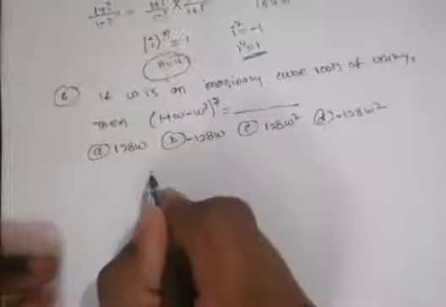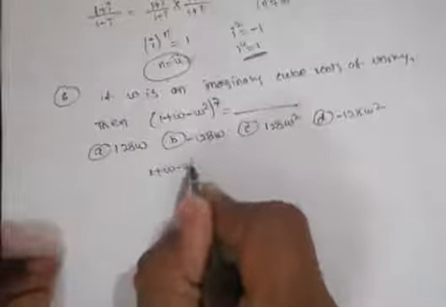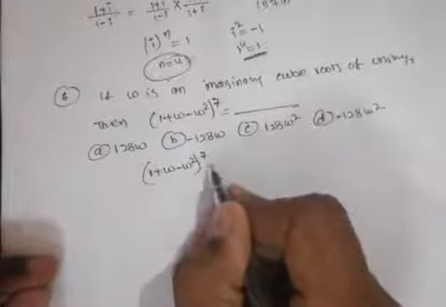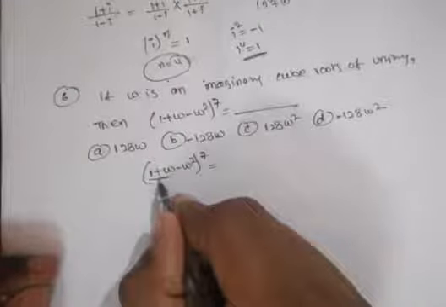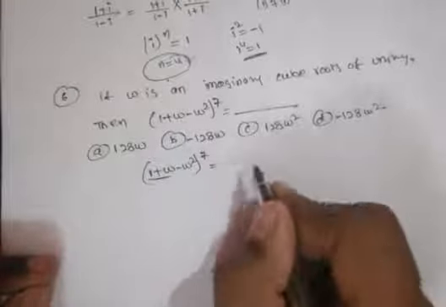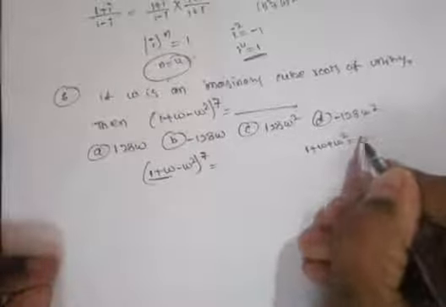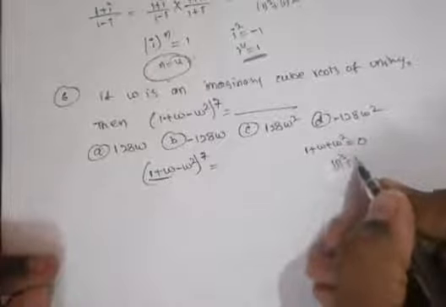So here 1 plus omega minus omega square whole to the power of 7. We already know 1 plus omega plus omega square is equal to 0, and omega cube is equal to 1.